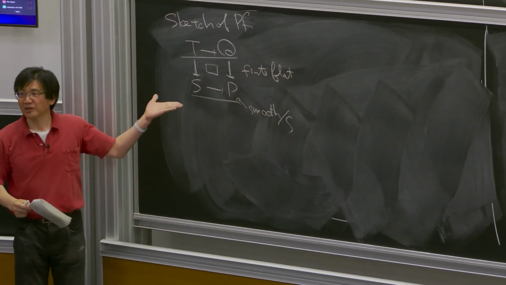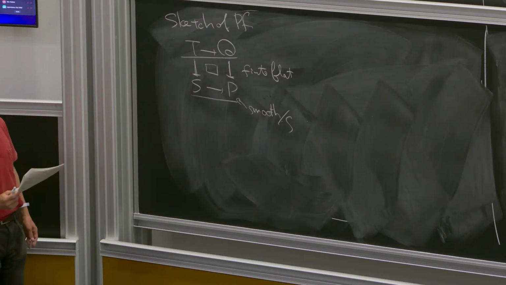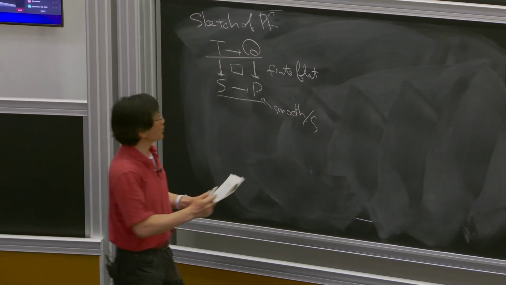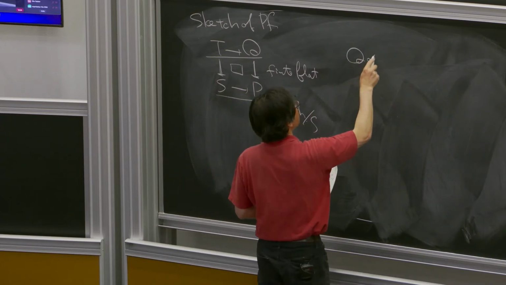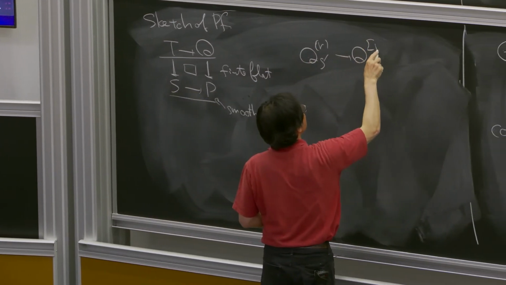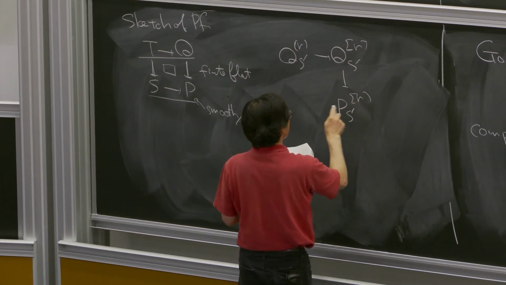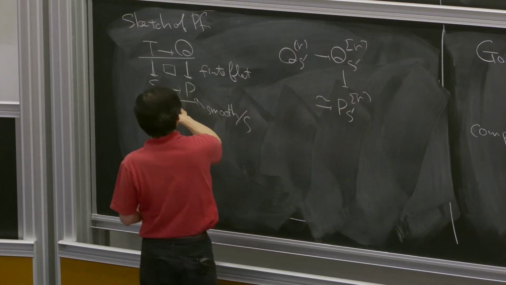So we can construct such a commutative diagram, such a Cartesian diagram, and we start from here. Then, by applying the construction, we get this commutative diagram.